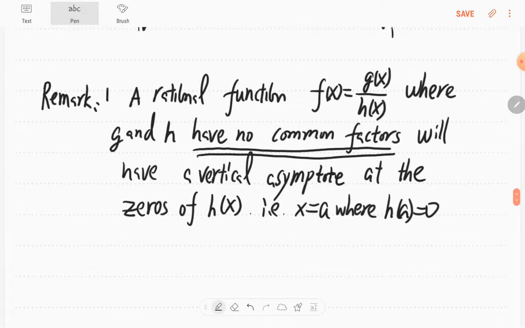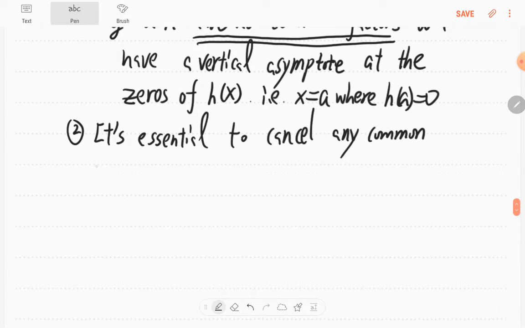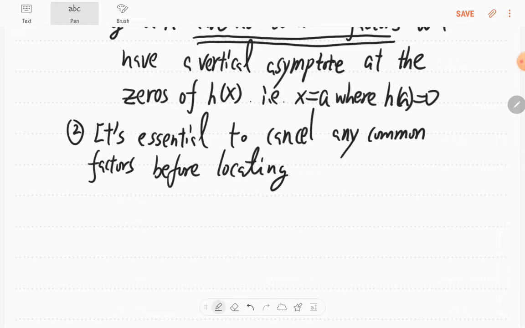This is the first; the second, it's essential to cancel or to simplify any common factors before locating the asymptote.